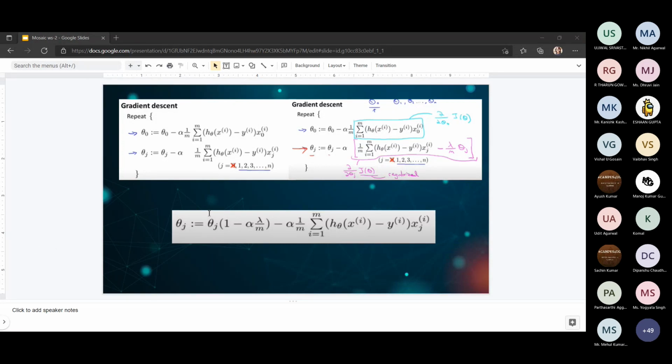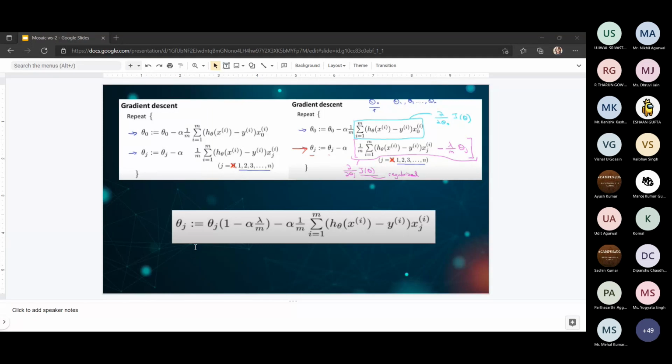When we implement the regularization, we end up with a gradient descent for trying to minimize the regularized cost function. This term in the purple bracket, with calculus, it's possible to prove that it is the partial derivative of j theta with respect to the other theta values.